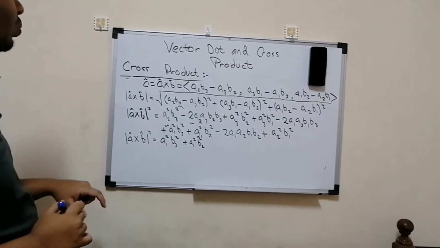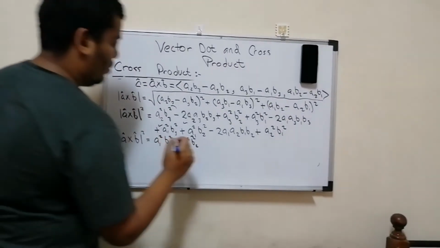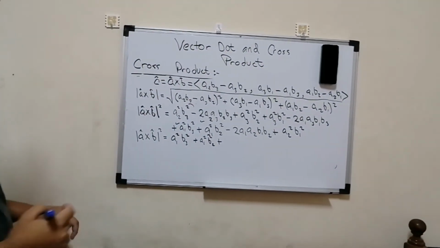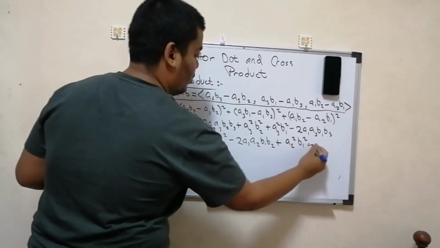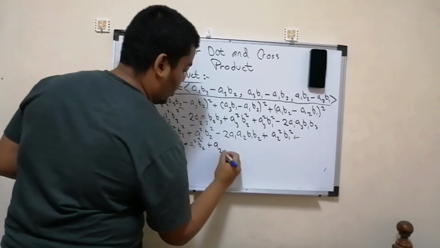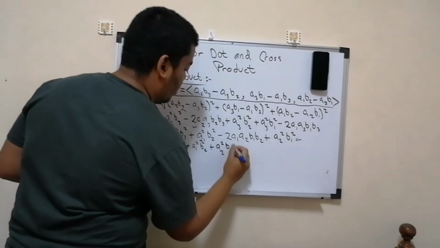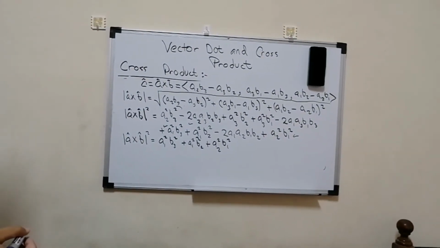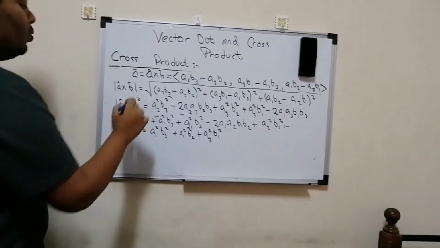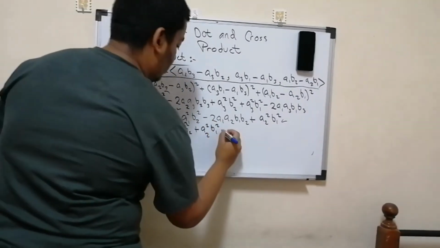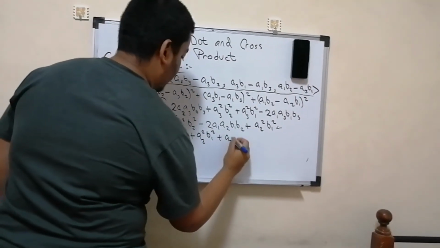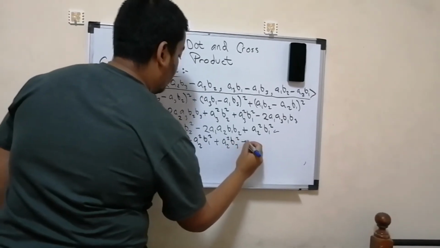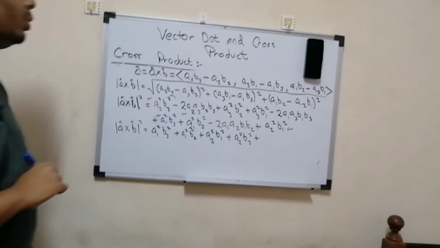Then I'll write the A2 square terms. Where are the A2 square terms? We have one right there: A2 square B1 square. Let's see if we have any other one. Yes, plus A2 square B3 square. Then let's do the A3 terms.